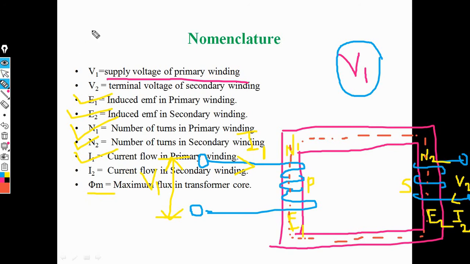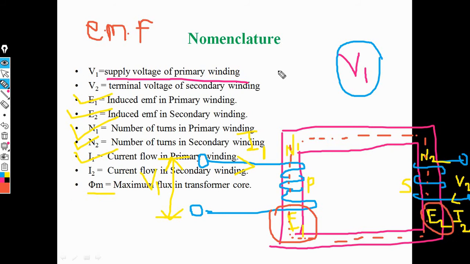Then we have to find the EMF equation of the transformer. What is the meaning of EMF? It is the electromotive force, generated in the primary winding and the secondary winding. Then we have to calculate the EMFs E1 and E2.